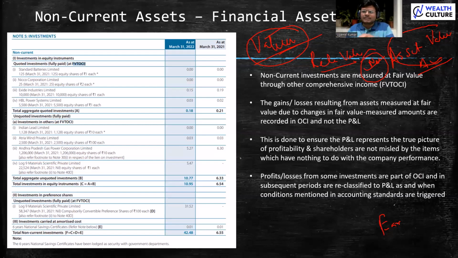And sometimes these things can get very technical. So as an investor, because we don't want to get into the chartered accountant's shoes, we want to look at the balance sheet and think like an investor, right?